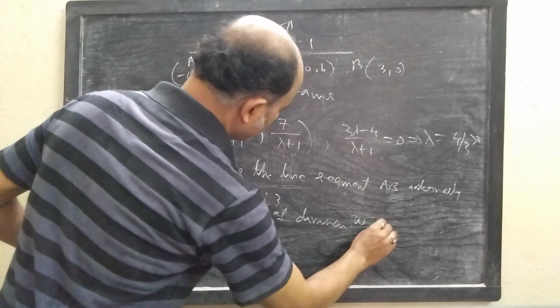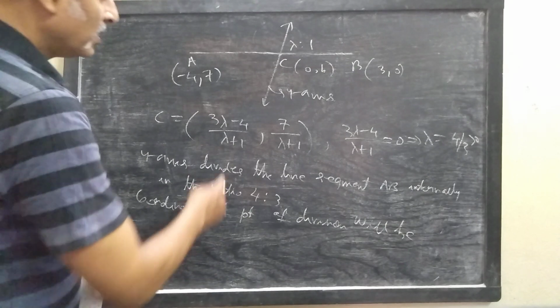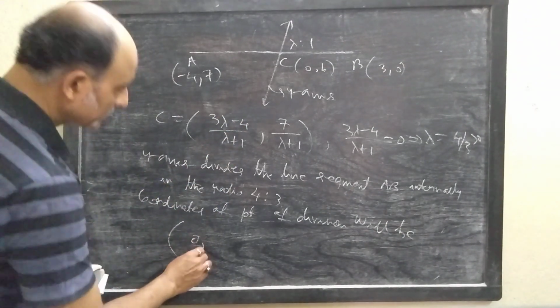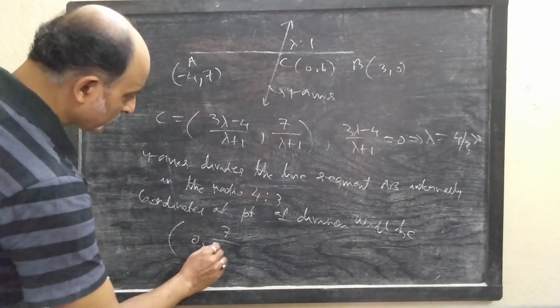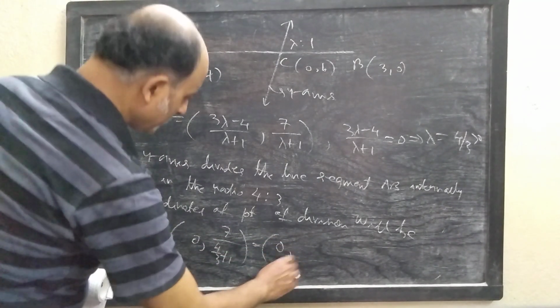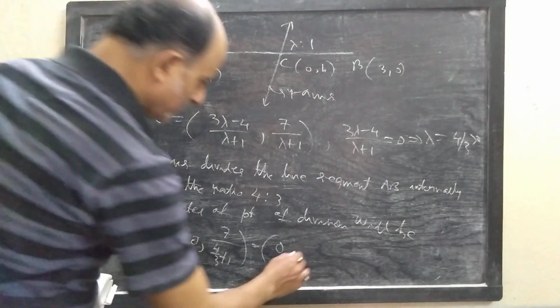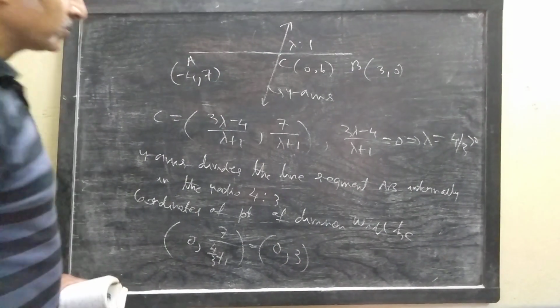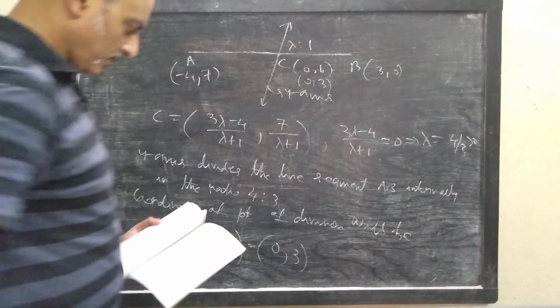This part is 0 and the value of this part is 7 by 4 by 3 plus 1. So this will ultimately become 0, and multiplying both numerator and denominator by 3, 21 by 7, that is 3. So this point will be 0 comma 3. Okay.